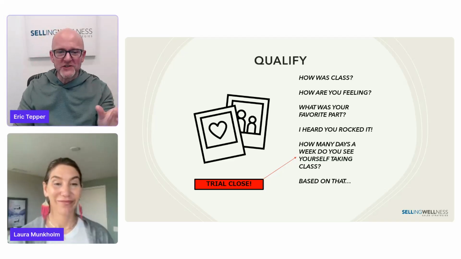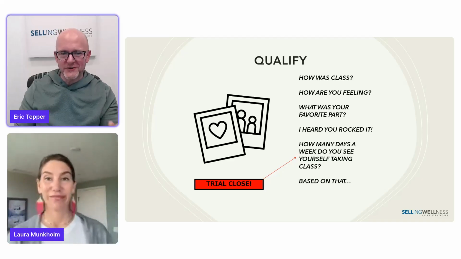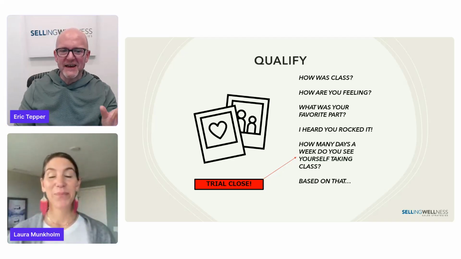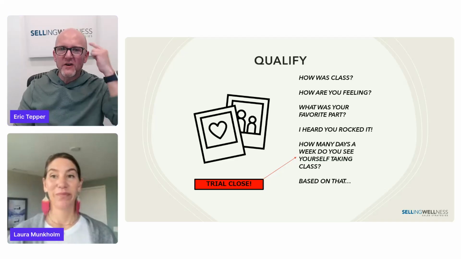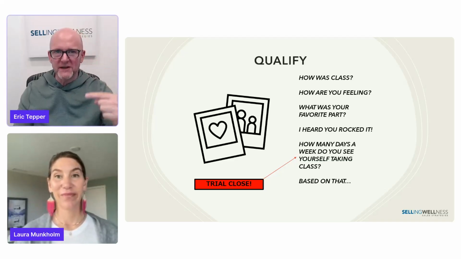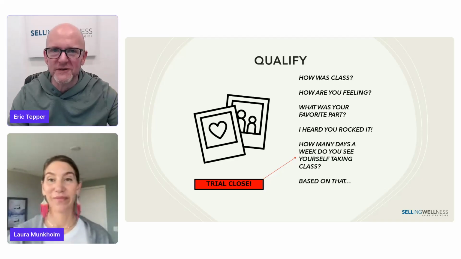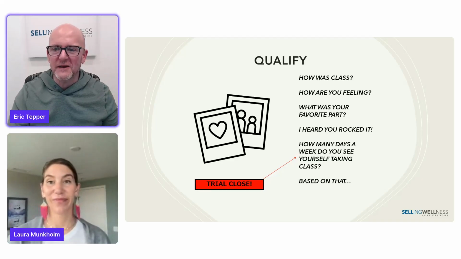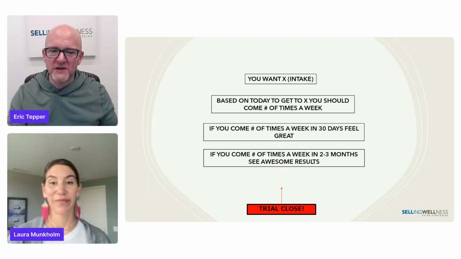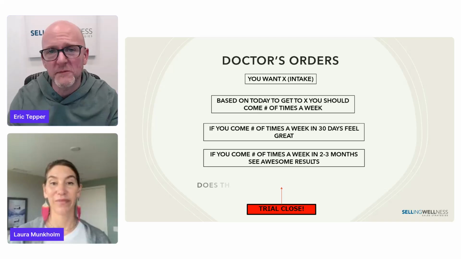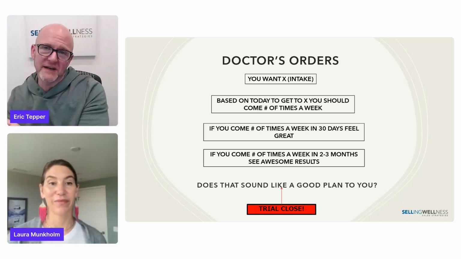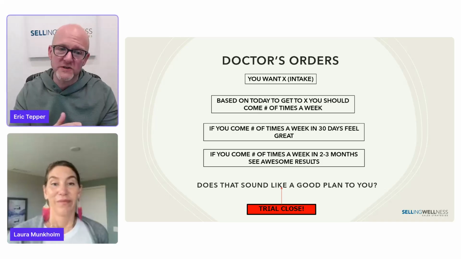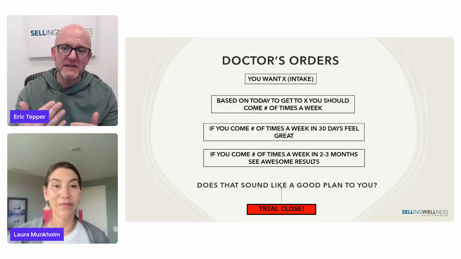See, that question is what we call a trial close question. That literally tells me Laura's actually committing in her head to coming once or twice a week. Now I can continue to paint that picture and say, awesome, Laura. We get people who do Pilates all the time and they put this in once or twice a week as their heavy lifting day.